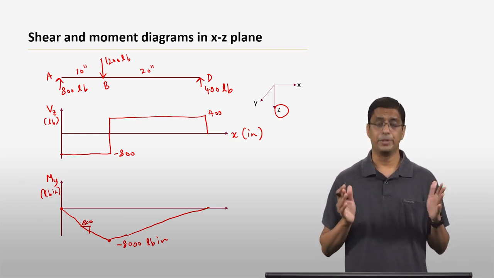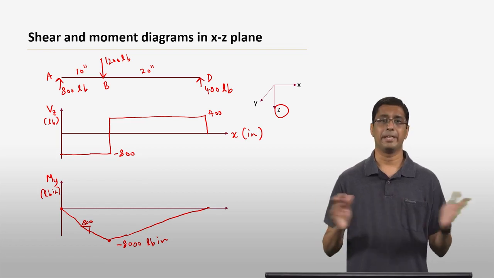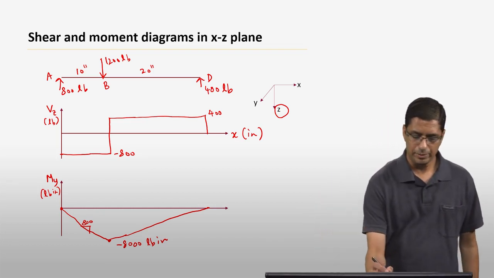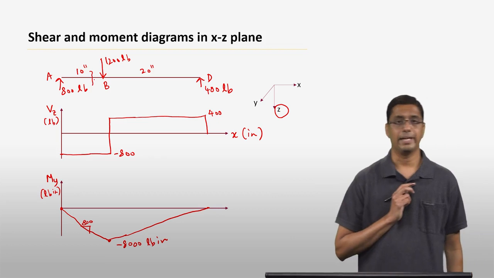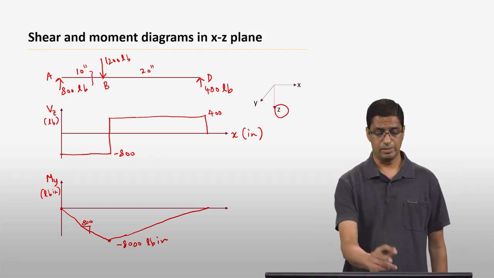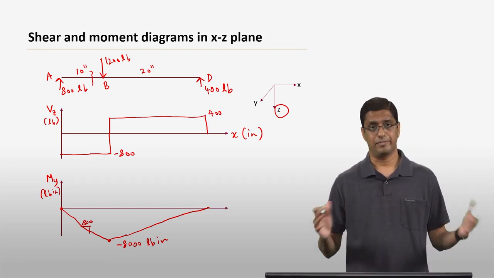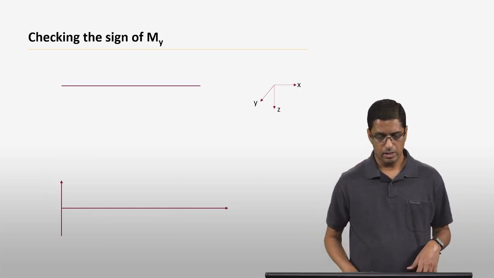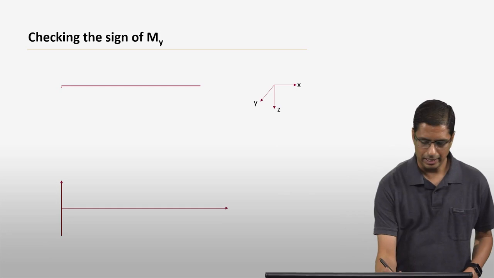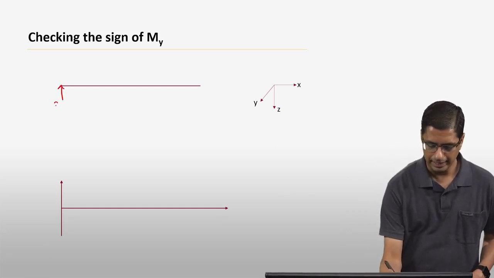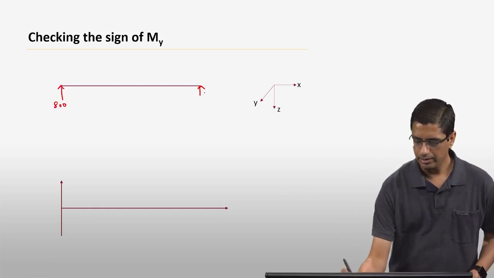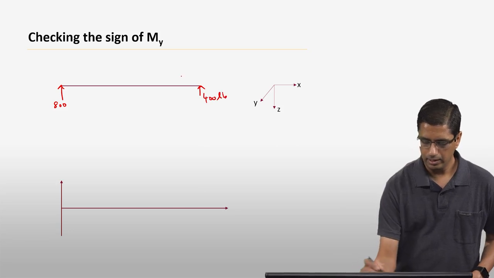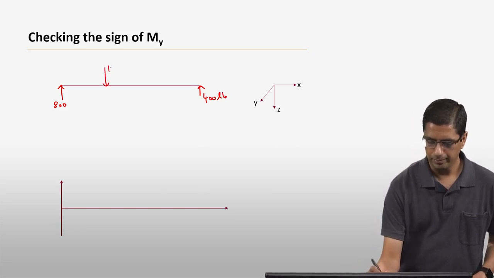And this time we are going to choose some section between A and B. So I'm going to take a section somewhere between A and B, isolate the free body, and then look at the equilibrium of the free body. Just to remind you, this is an 800-pound force here, there is a 400-pound force here, and there is a 1200-pound force here.